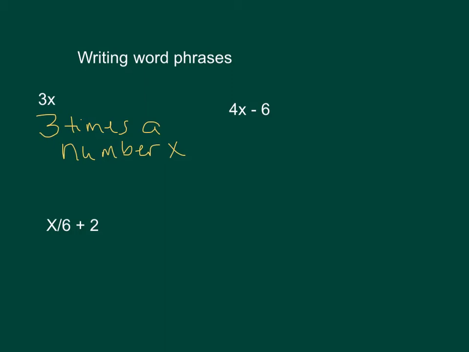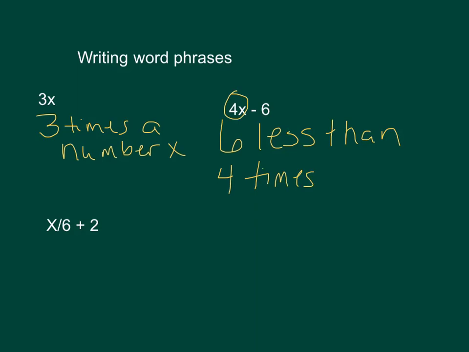The next one is 4x minus 6. There are 2 operations here, so you need to make sure you do both of them, and you can do them in order. But if you use less than, remember it's switching the order. So I'll do 2 of these. I'll use less than, and then I'll use without less than. I can go 6 less than, because it's last in the algebraic expression, so it's going to be first. 6 less than 4 times a number x.